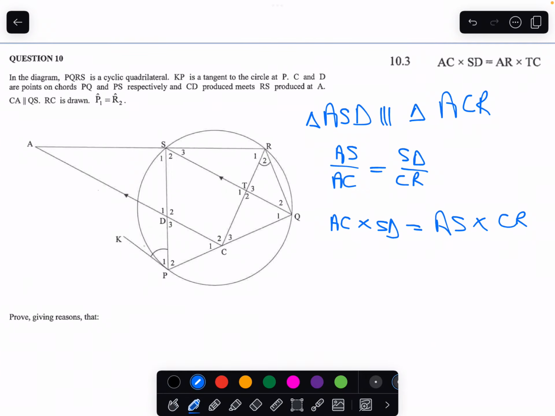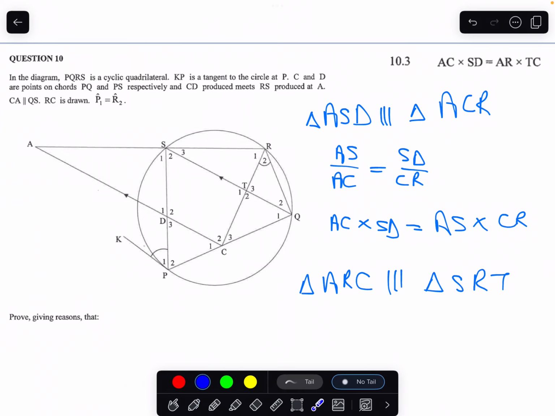So from the other similar triangles, we know that ARC is similar to SRT that we've seen from the previous question. TC is related to TR because it's the same as this guy minus this guy. So I'm just going to try and get a statement that involves RT and AR.